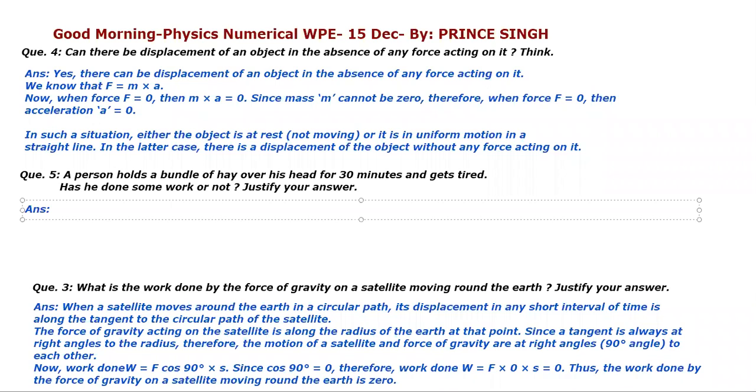So Gaurav is saying he has done the work. Anyone else? Bhumi is saying done no work because S is 0, means displacement is 0. Gaurav is saying he has done work. Bhumi is saying he has not done the work.